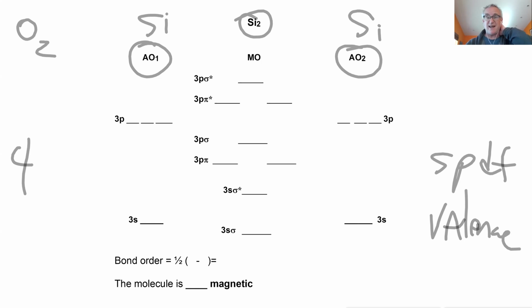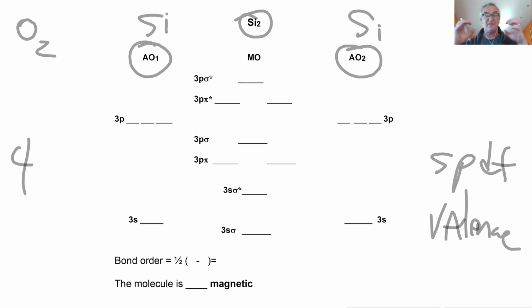So we don't really care about them because they're not involved in bonding. They're not going to be a part of making the molecule. They're going to be held onto by silicon, so that's going to increase the electron density around the atom. But remember, bonding is electron density between the atoms.